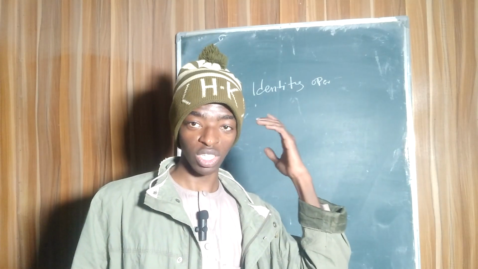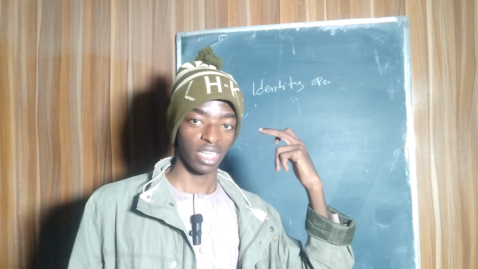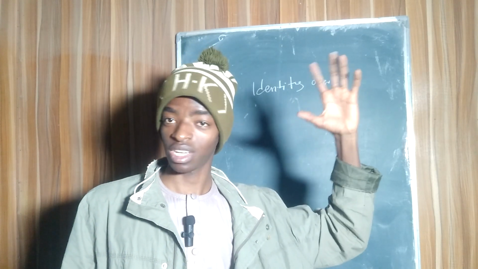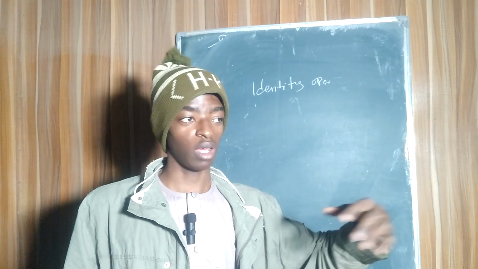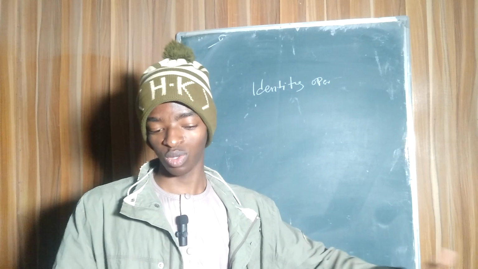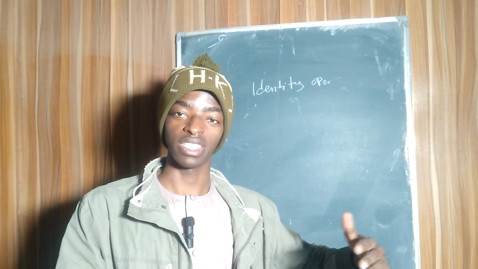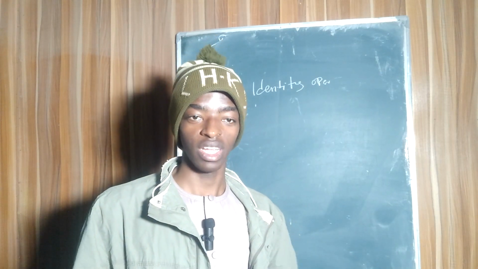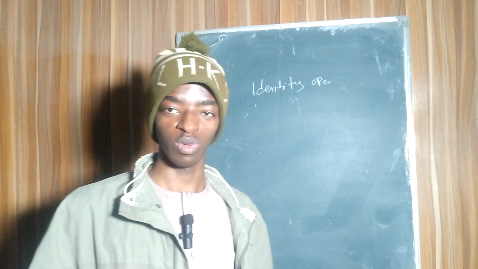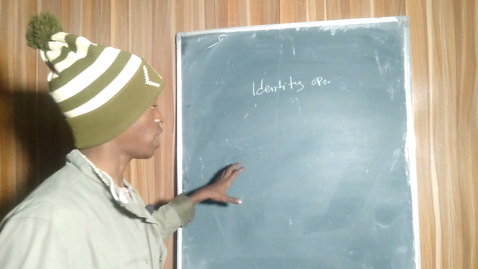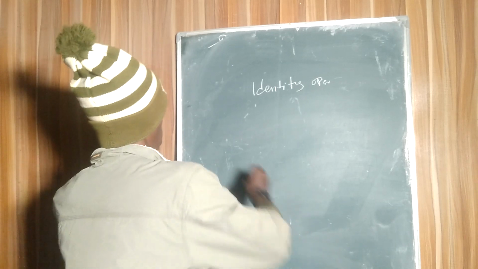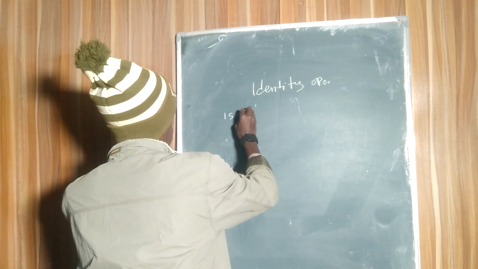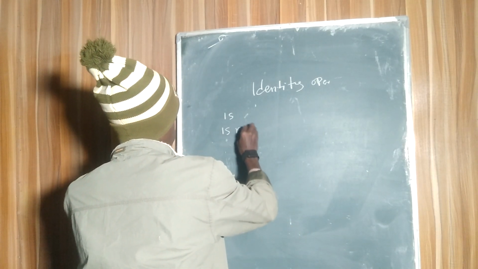The person you have in your brain is the previous kindergarten object that you know, and the new one you see, you're trying to identify: is that who you think it is? And if it is, you're going to return true. So we have two types of identity operator. We have is and we have is not.